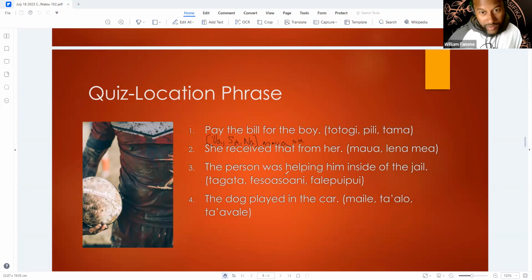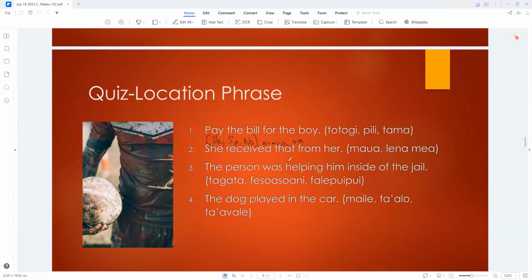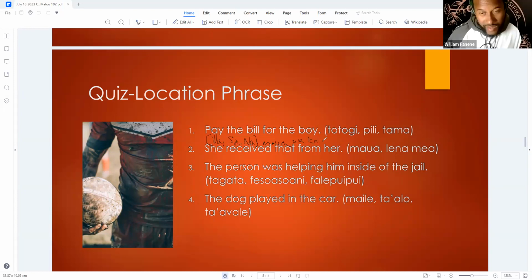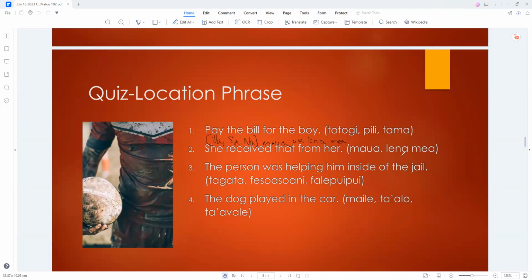So ua maua, oia, and then what's next? Lenamea. Okay, and what else? Mo.